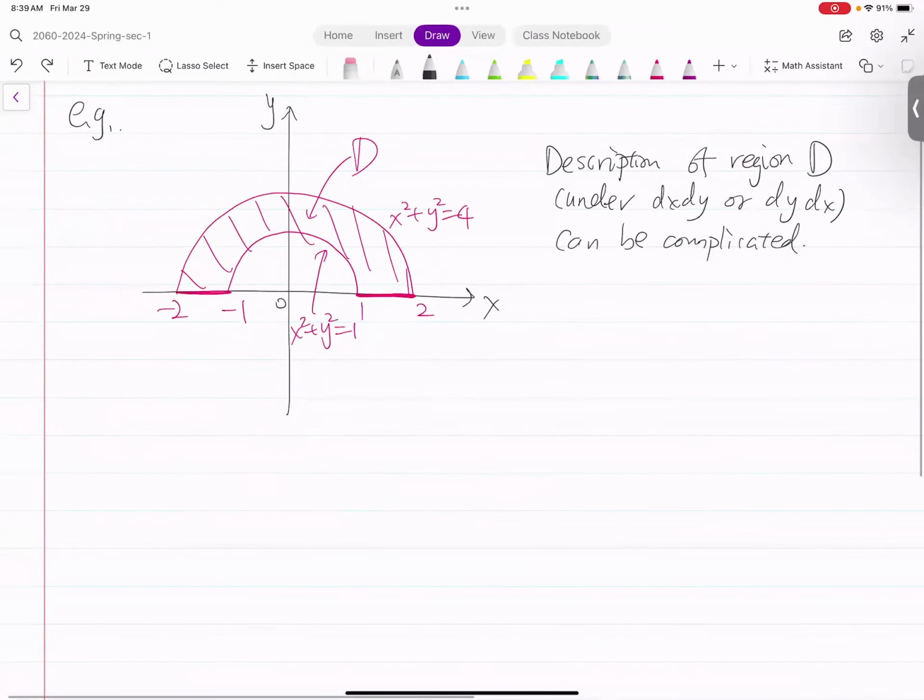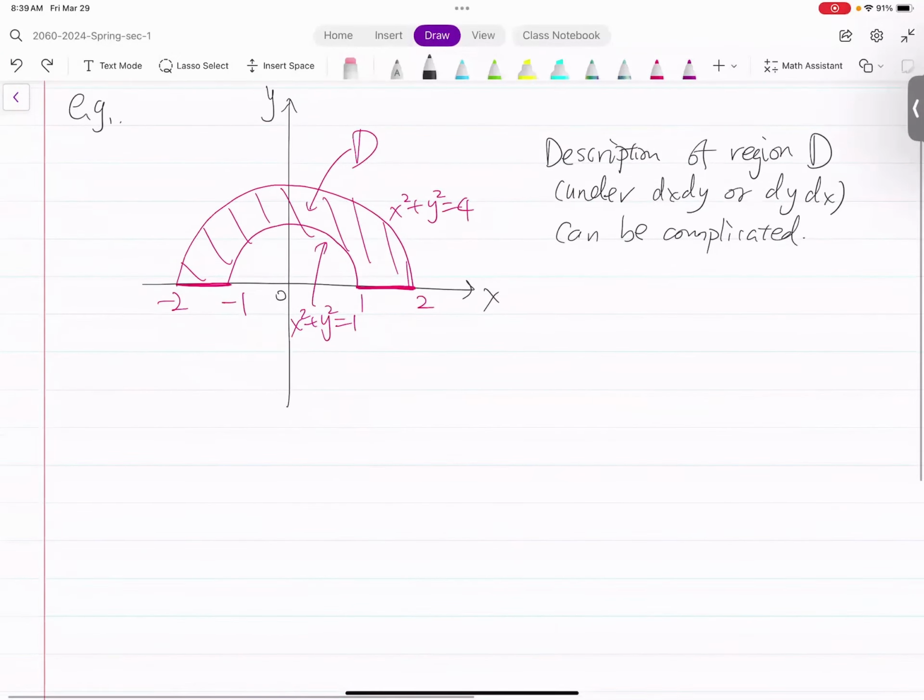So before we describe this region in terms of polar coordinates, let's quickly do a review. Polar coordinates. The essential idea is that instead of xy coordinates, we describe a point by the distance from the point to the origin and the angle between the ray and the x-axis.